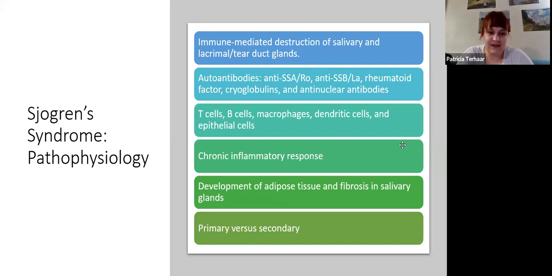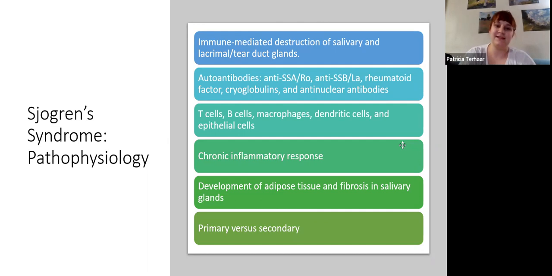So the pathophysiology: it is an autoimmune disease, so it's immune-mediated destruction of the salivary and lacrimal, or tear duct, glands. The autoantibodies that are part of the pathophysiology are anti-SSA/Ro, anti-SSB/La, rheumatoid factor, cryoglobulins, and anti-nuclear antibodies.